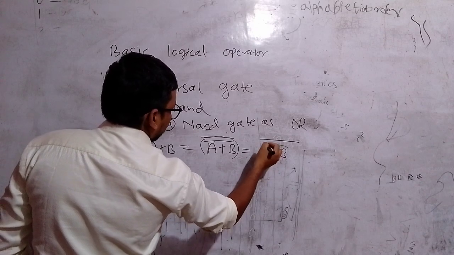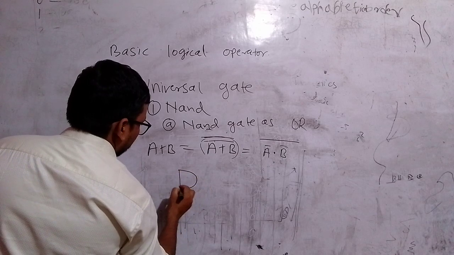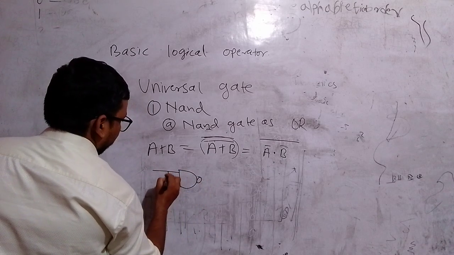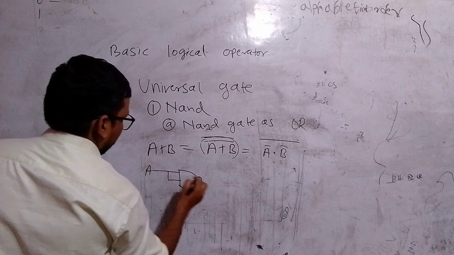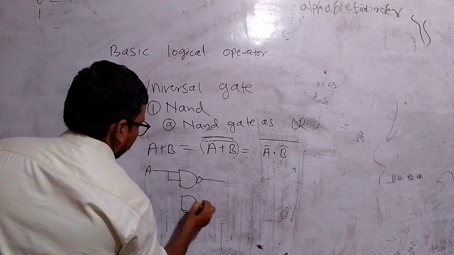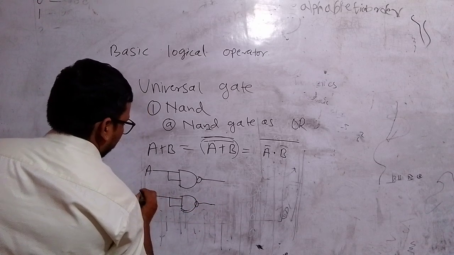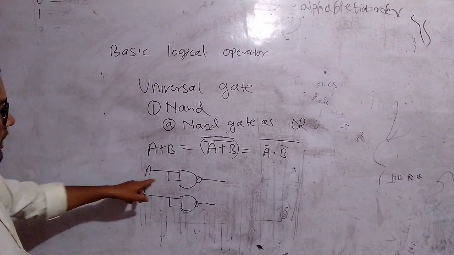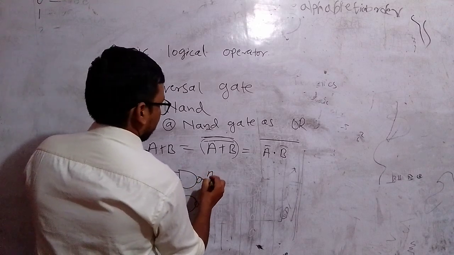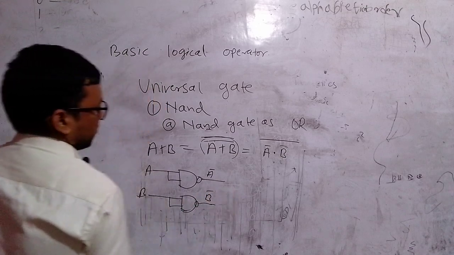We have already studied how to use a NAND gate as an inverter. We feed A into here and it will produce A complement, and we feed B into here, it produces B complement.